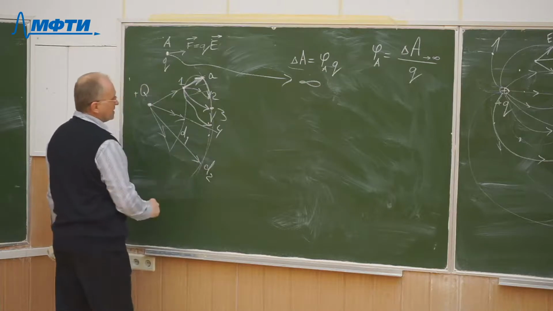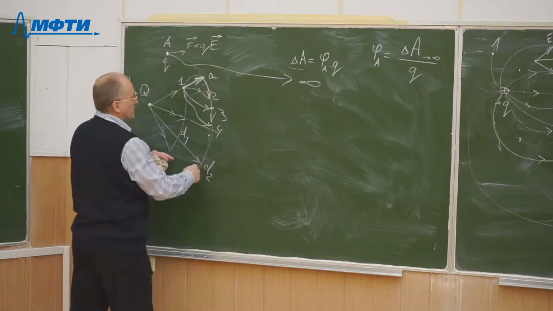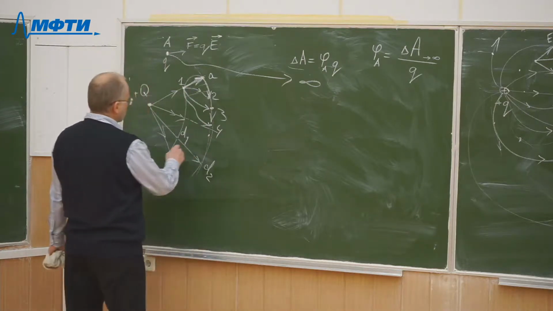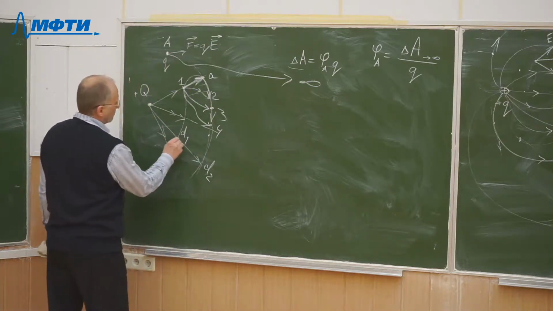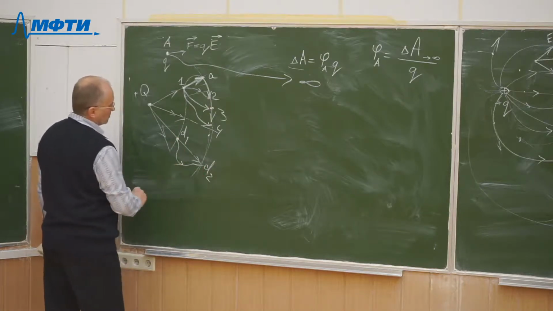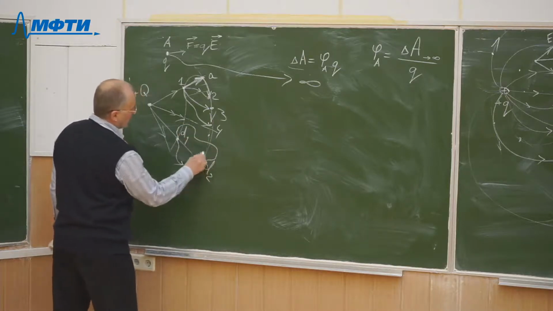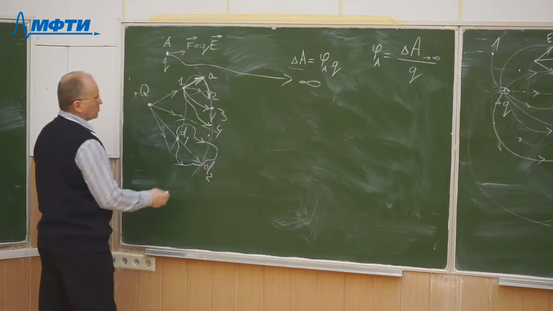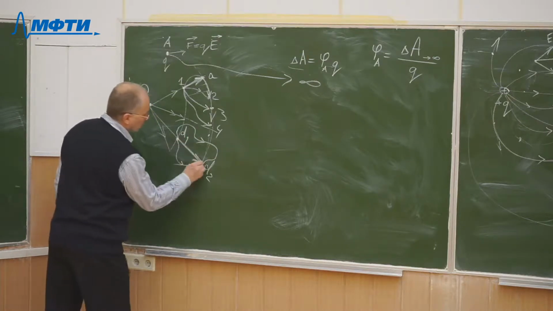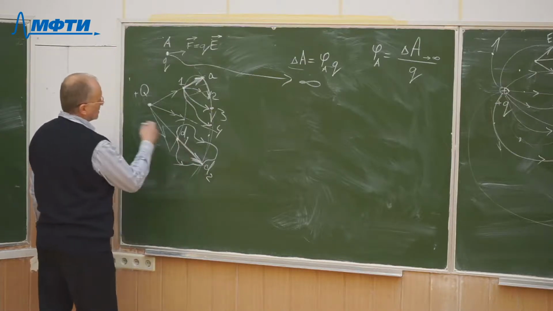Only the change in distances will define the work performed, and not the displacement in a perpendicular direction. Therefore, any trajectory from this point to this point will have the same work. Either I go along this trajectory or I go along this trajectory. Any arbitrary trajectory will give me the same work, which is equal to the work performed on this short displacement, d2 minus d1.